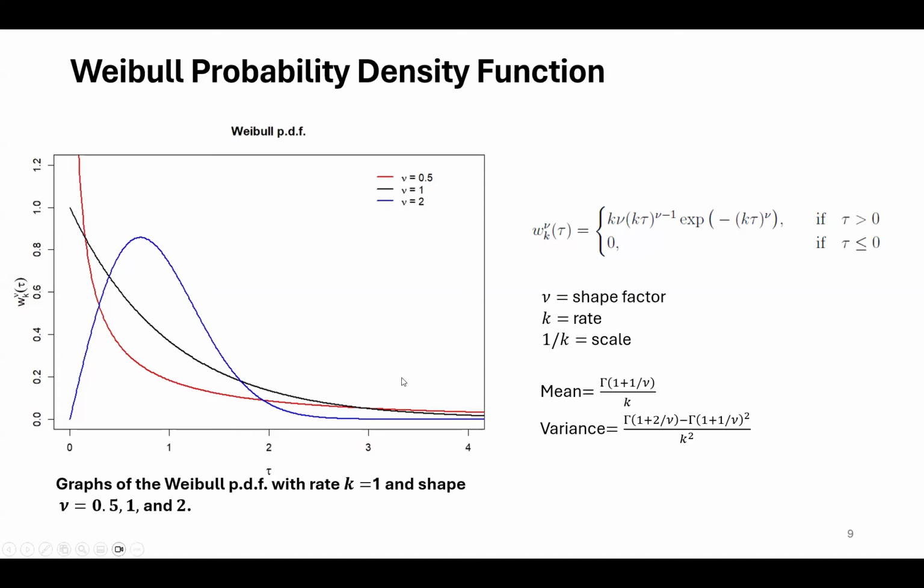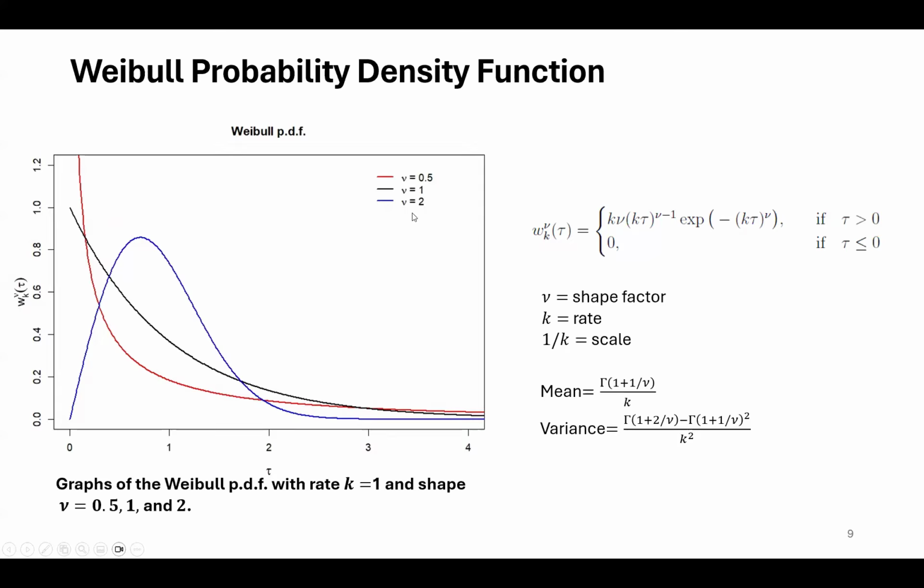So I plotted three profiles of this Weibull distribution function, depending on the shape factor. When shape is less than 1, this red line, the distribution becomes singular at 0, so this graph goes to infinity. When the shape factor is 1, that basically reduces to the exponential distribution.